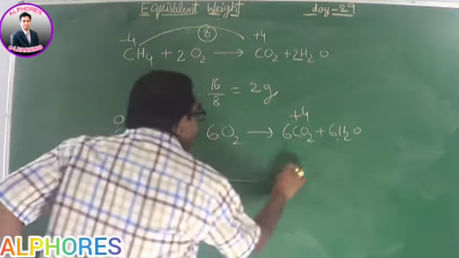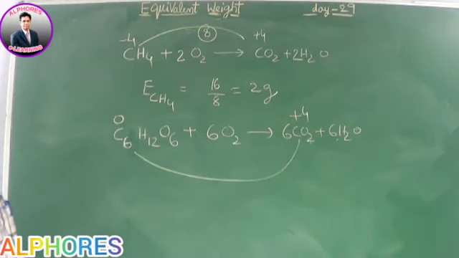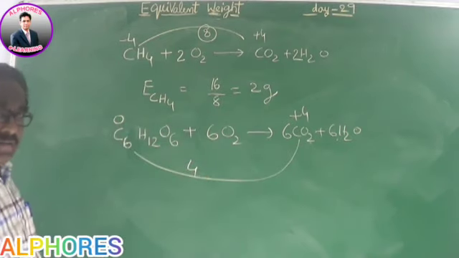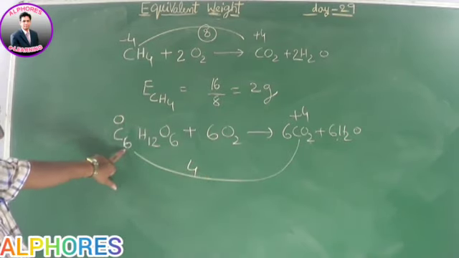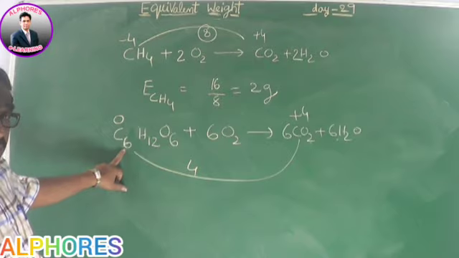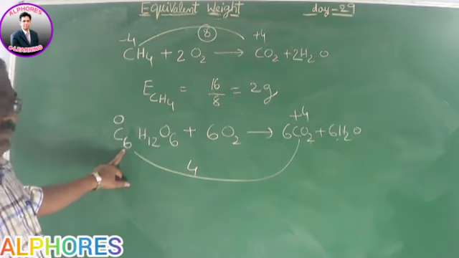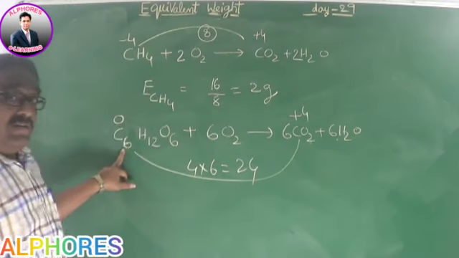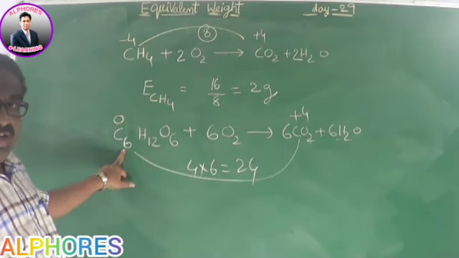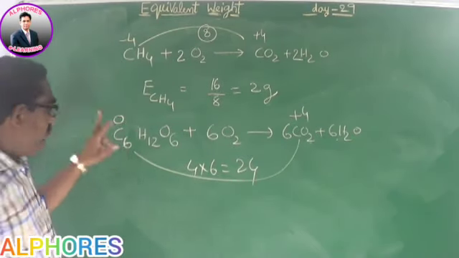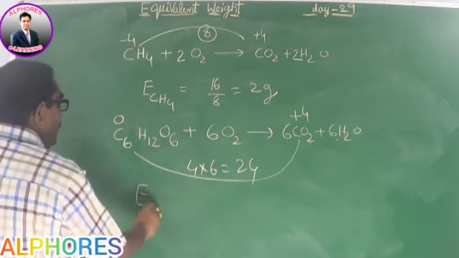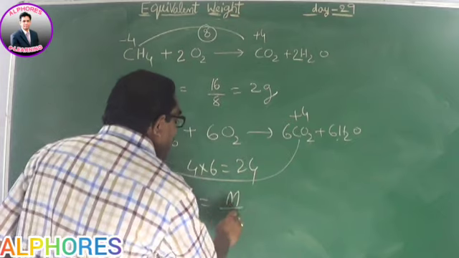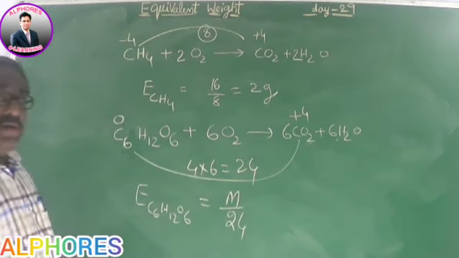Now the change: 0 to +4, a 4 electron change is there. But I have already told you, in the reacting species how many such carbons are there? 6. So the total change you should consider is 24. Now, the equivalent mass of C6H12O6 is its formula mass divided by 24.